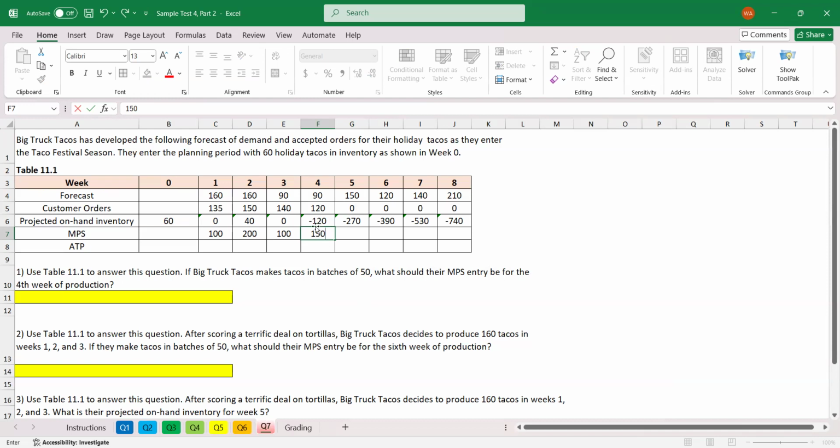They're not going to make 120. They're going to make 150. And then another 150 here. 100. 150. And 200. Okay. So to answer the first question, what should the MPS entry be for the 4th week of production? That will be here, 150.